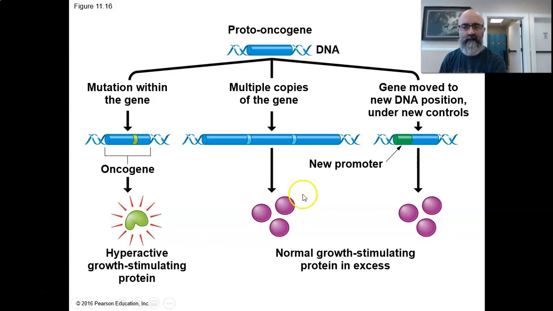And so instead of getting these purple round proteins, we get this strange green kidney-shaped protein. And that protein might be better at stimulating growth, okay? So the mutation here leads to a weird shaped protein, and maybe that protein is even better than the original protein at stimulating cell growth. That would be like one of those base pair substitutions that we talked about when we talked about mutations.